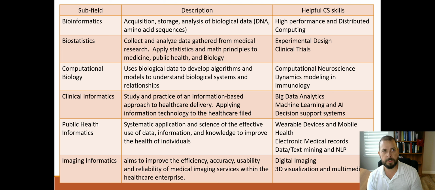And then the sub area of imaging informatics is becoming more and more popular these days, dealing with predictive accuracies of looking at different imaging formats, especially X-rays, MRIs, PET scans, things like that, to be able to glean information being captured from these systems.